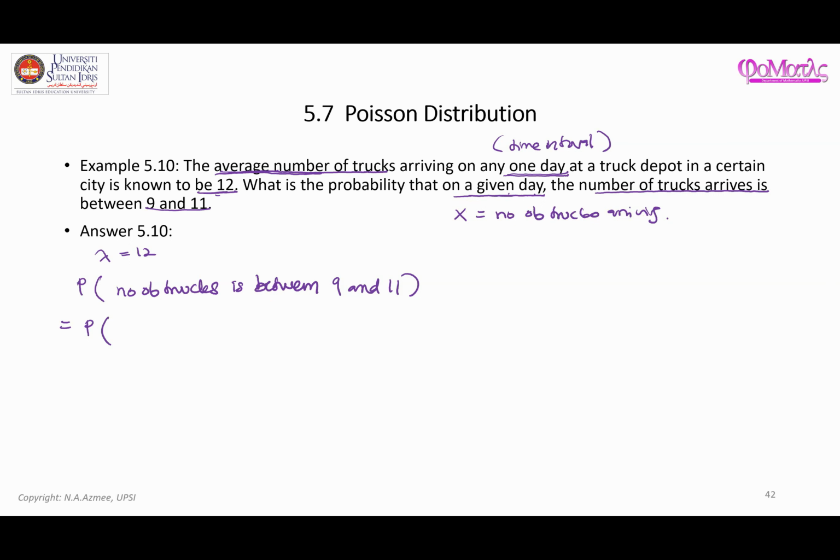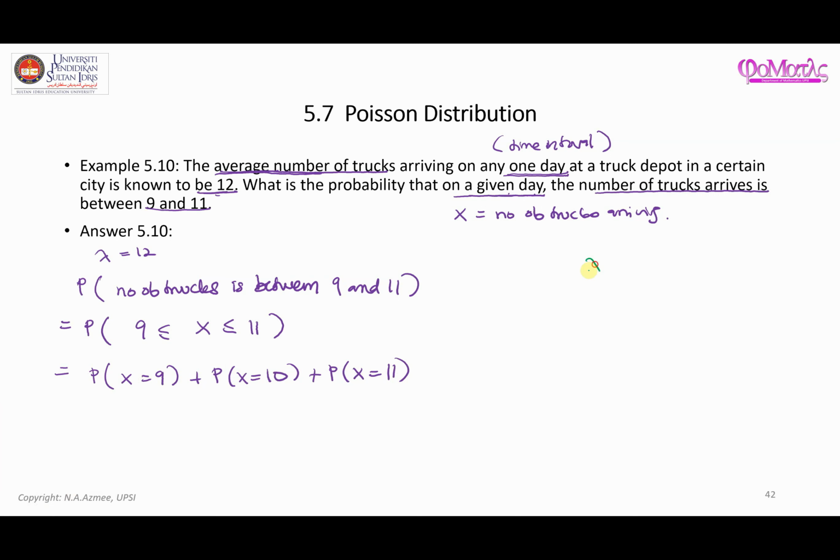And here we can say, what's the probability that x is between 9 and 11. That's what the question is asking you to find, and this is the same thing as finding the probability x equals 9, probability x equals 10, and probability x equals 11. And we are just going to apply this formula straight away.